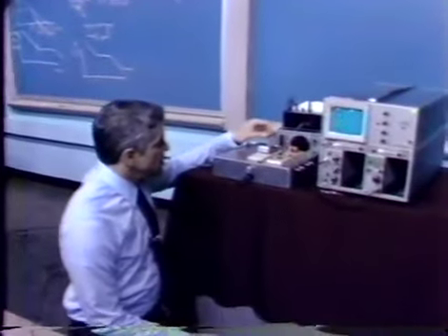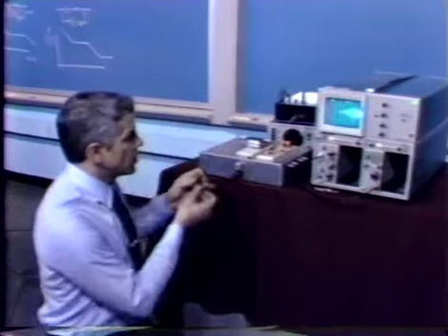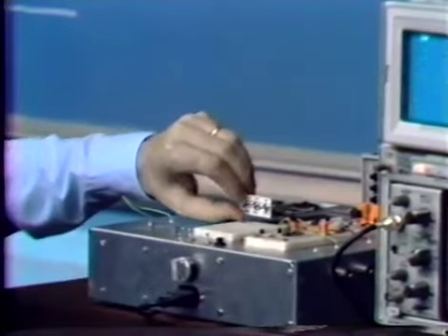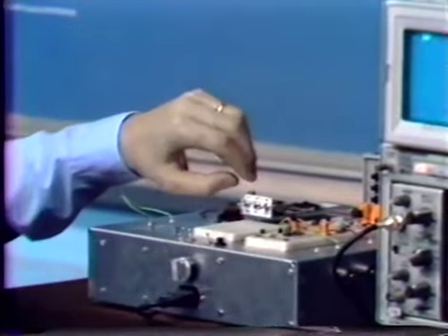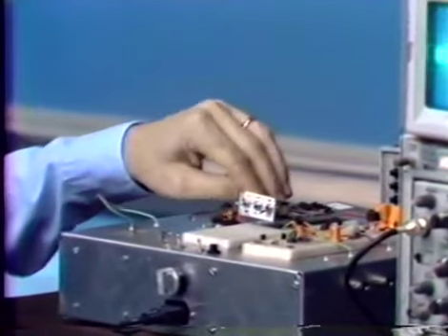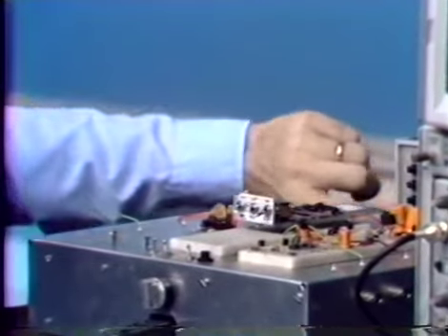Let me remove the 1 over radical S kind of network, this one. Let's go back to the very high frequency location for the RC pole, and let's speed things up now.